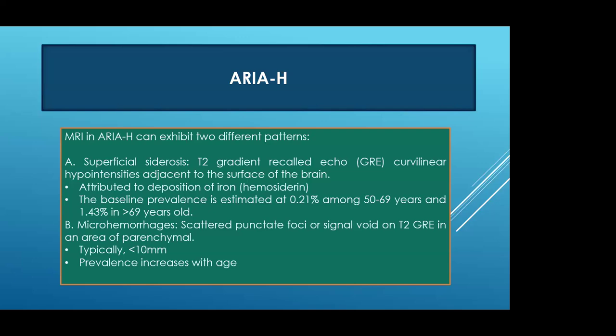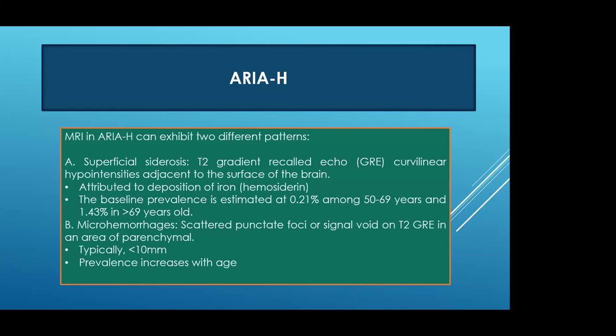But you also have the microhemorrhages, which are essentially scattered punctate foci of signal void on T2 GRE. These are in the parenchyma, right? And typically you do know that they are microhemorrhages because they are less than 10 millimeters in diameter.